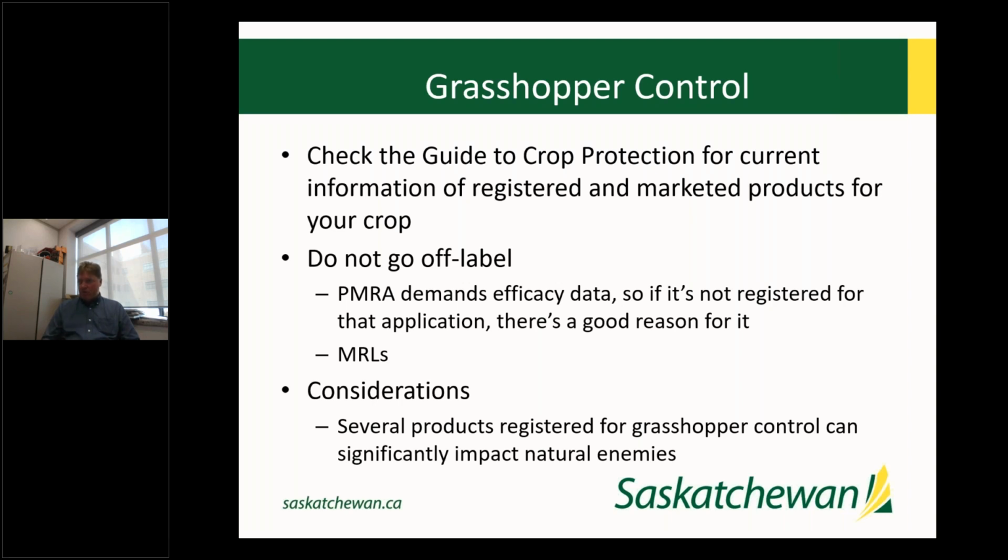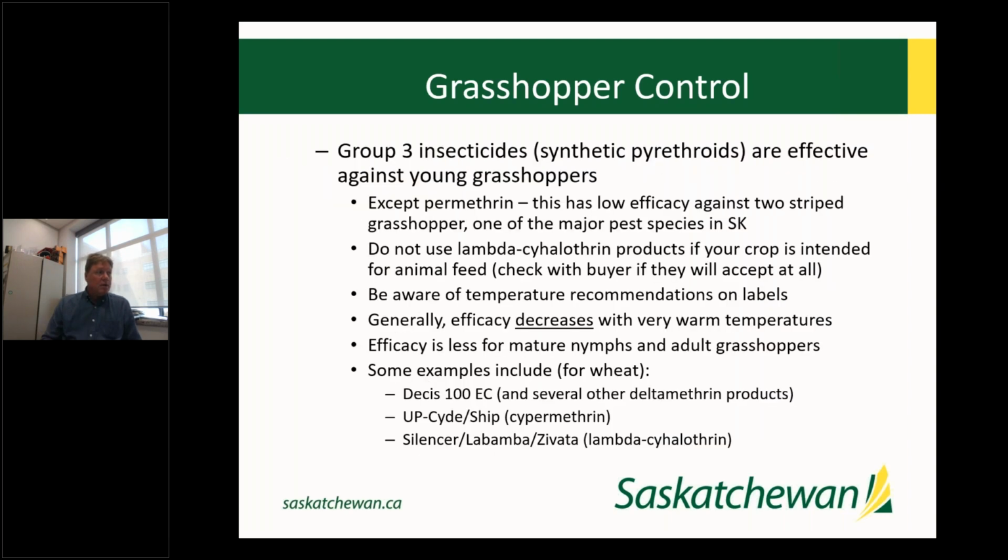So consider that into your calculus when you're making your decisions for applications. We're seeing populations of other insects come up as well, so you may not just experience grasshoppers this year. And of course, natural enemies can be strong regulating factors on pest populations.